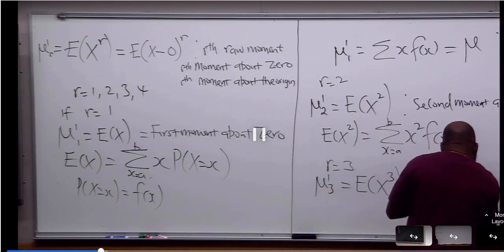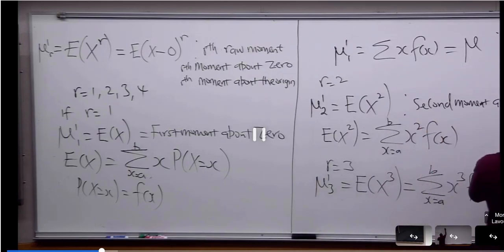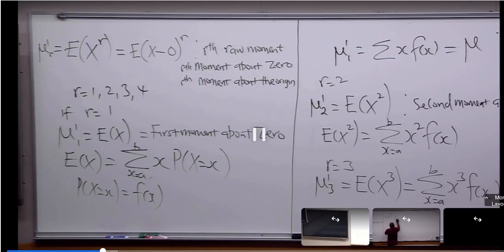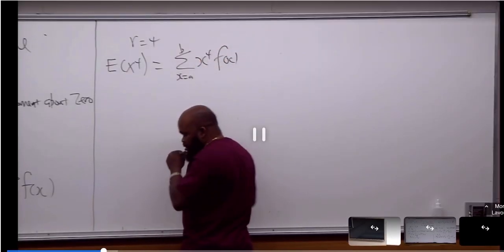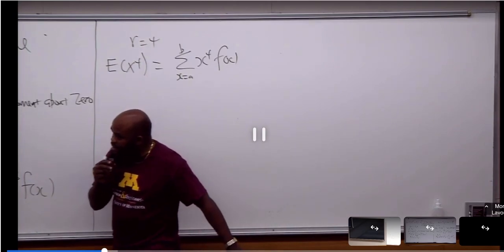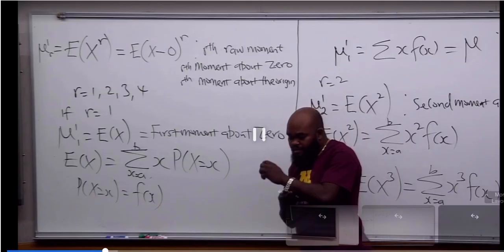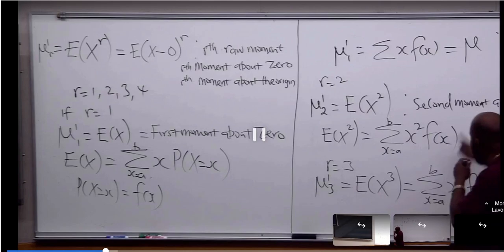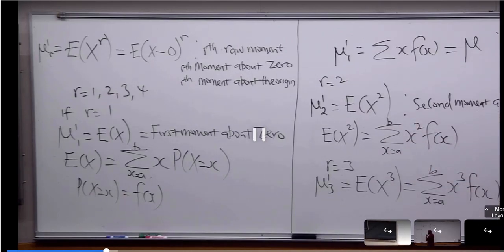And if r equals 4, I'm going to have this for a discrete random variable. What I'm trying to say is, you can see the first moment about zero, the second moment about zero, this is going to be the third moment about zero, and this is going to be the fourth moment.